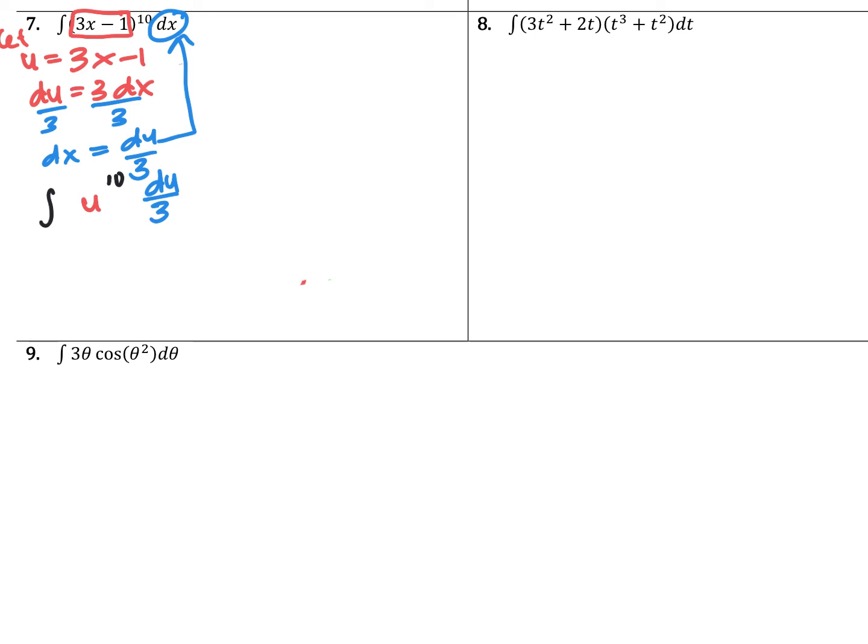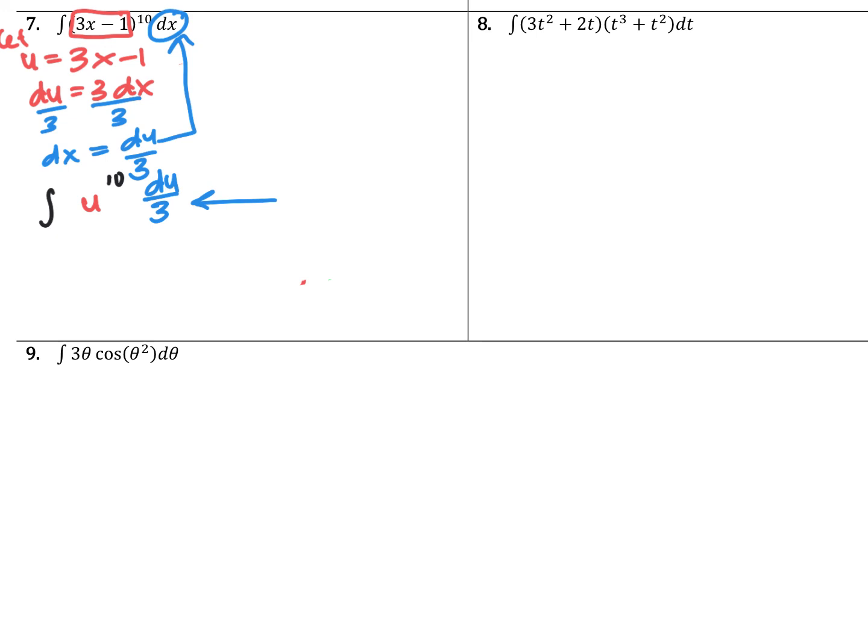So by defining u to be the thing that we're having trouble with in terms of x, it enables us to look at an integral that's now a lot easier to solve. We can just solve it using the power rule on this problem. This 3 in the denominator here is 1/3, right? I'm just going to move that over in front of the integral.